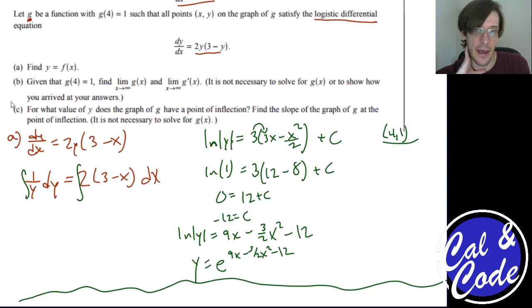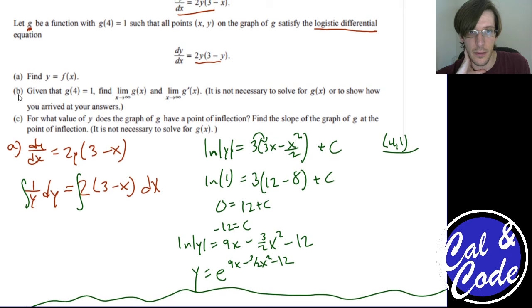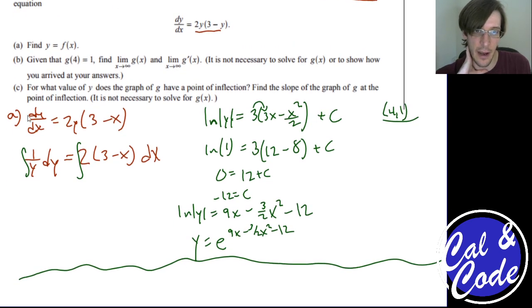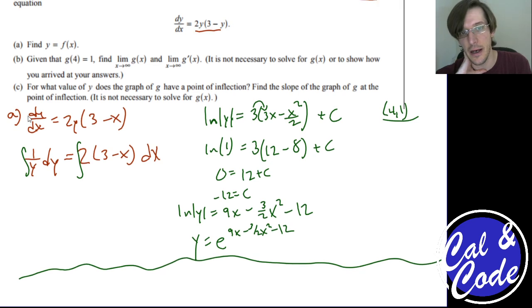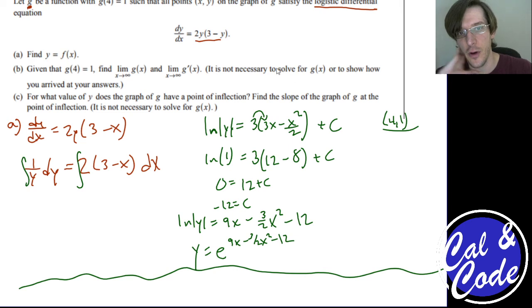So given that initial condition of 4, 1, I want to find the limit of the function g. What I'm looking for in this function g is what is the carrying capacity here? Because the carrying capacity is going to be the limit of this function. When I'm looking at it, I think that is going to be 3, right?